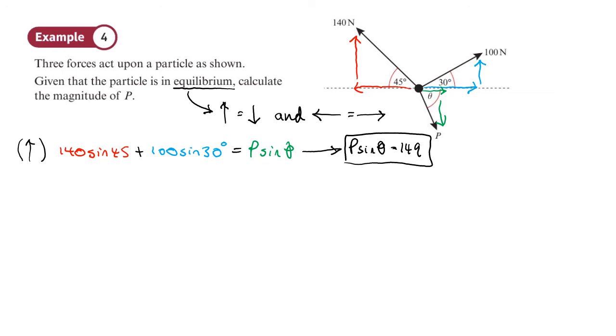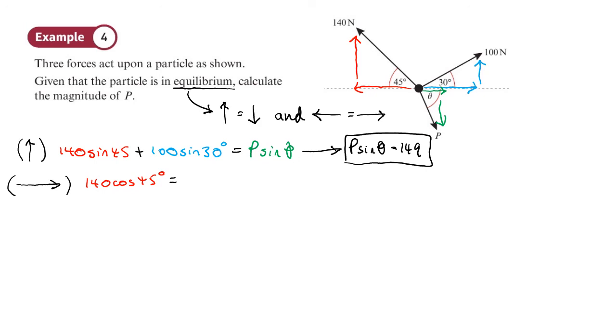Now let's do the same going horizontally. So again, I'll try and color code it. So it's all the stuff that's pointing to the left equals the stuff that's pointing to the right. So pointing to the left, we have 140 cos 45, and that's going to equal the two that are pointing to the right.